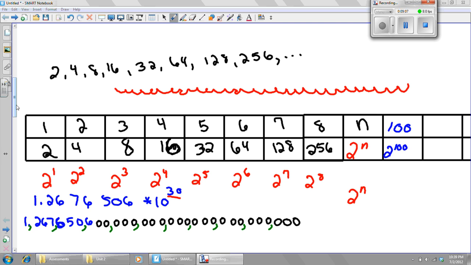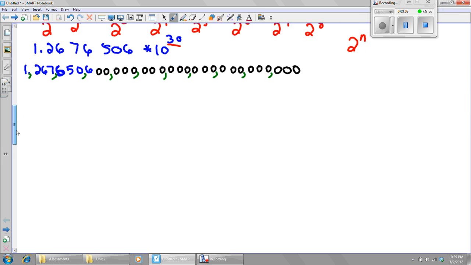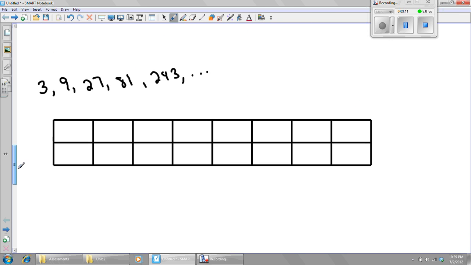All right, let's take a look at 2 more examples. Here's a pattern, and I'm going to fill in first term, second term, third term, fourth term, fifth term. I'm looking for the nth term. I'm not going to worry about the 30th and all that; I think you get that part. It's pretty simple: 3, 9, 27, 81, and 243.